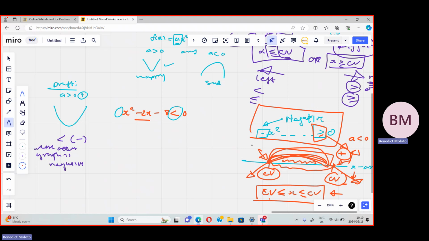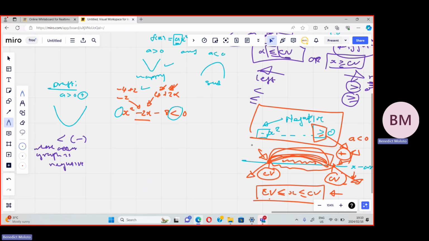The factors of 8 are 4 and 2. If you add them, you get 6. That is not this number, so these are wrong. But that doesn't mean they are wrong factors of 8. They are correct factors of 8. But negative 4 plus 2 gives negative 2. That is this number. That means these factors are correct to use in our answer.